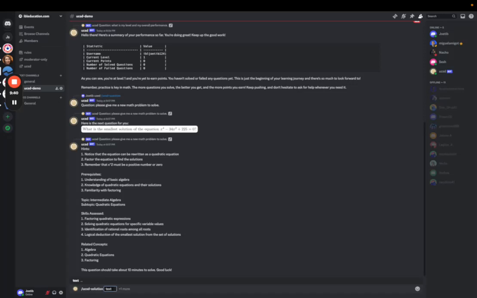When I get it wrong, then I get feedback, including the correct steps to have solved that question. So I can go through and I'll say the smallest solution of the equation is x equals 4, just a number off my head.